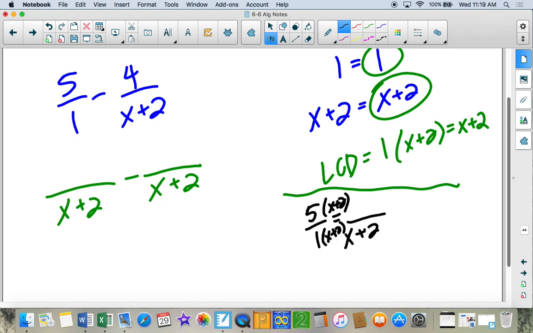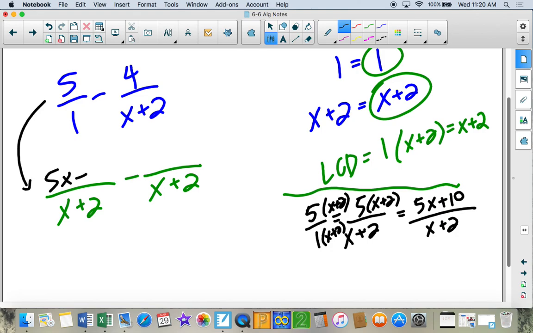What I do to the denominator, I need to do to the numerator. And then I'm going to distribute, I'm going to simplify that out. So the common denominator of 5 over 1 now will be 5x plus 10 minus 4 over x plus 2.